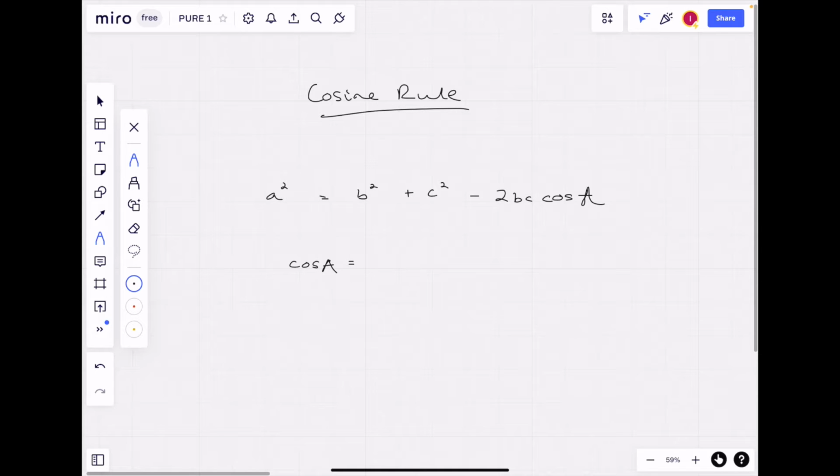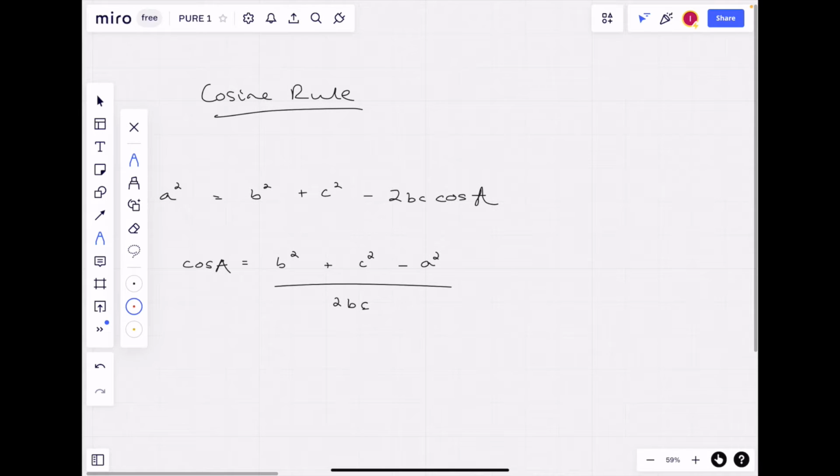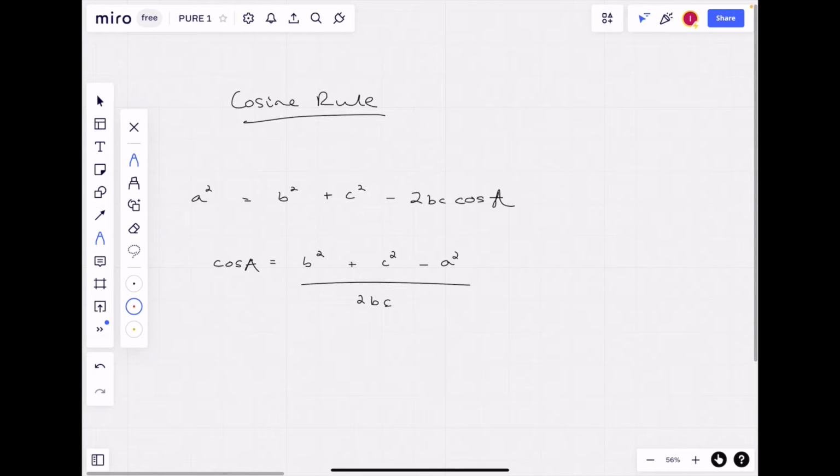So you should have got b squared plus c squared minus a squared over 2bc. Now, this arrangement, this type of cosine rule, is used to find a length, whereas this is used to find an angle.